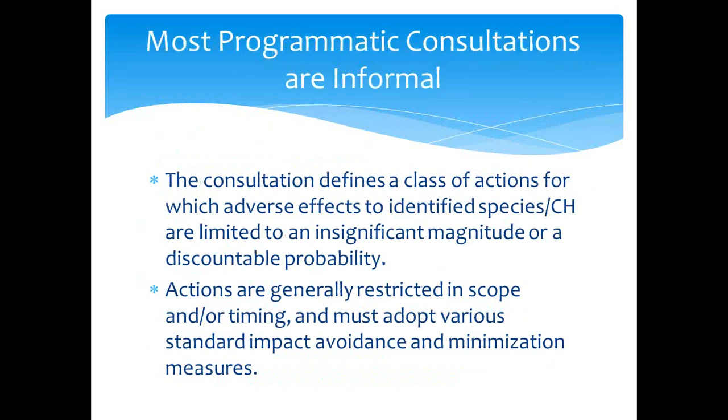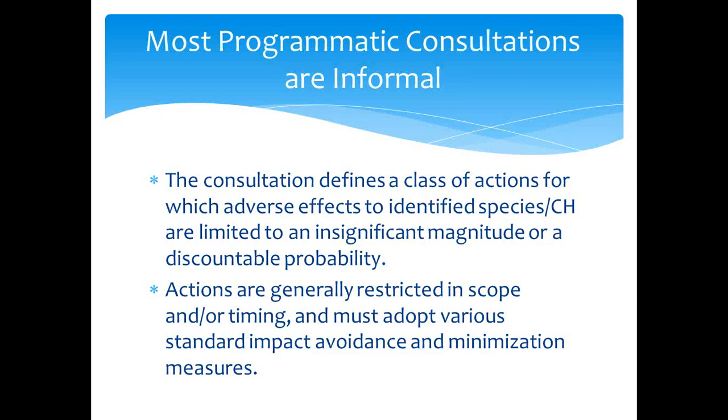As I said, we did this informal thing with Federal Highways. Most programmatics are informal consultations, defining a class of actions for which the impacts are limited to insignificant magnitude or intensity or discountable probability.